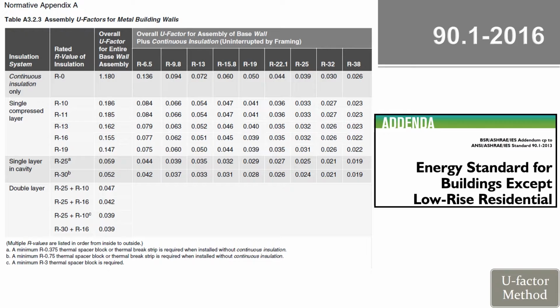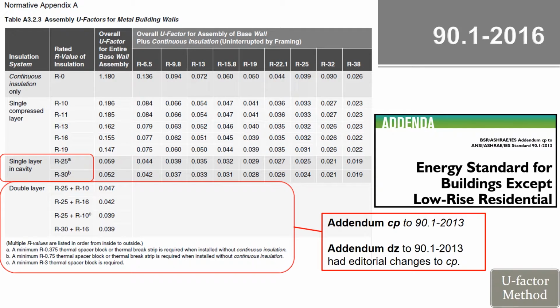But you are allowed to use the latest version, even though the 2015 IECC specifically references 2013 90.1. Sorry for all these years and number references. My point is, you are allowed to use the most current version of 90.1 for this particular table, because they always give you more options.